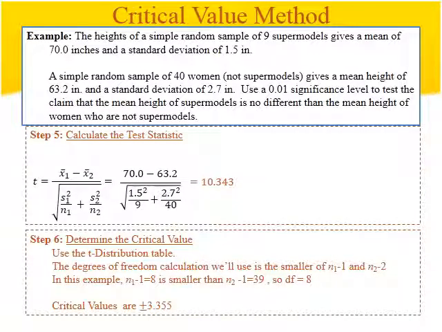So we found our critical value to be 3.355, but of course, since this is a two-tailed test, we also have to consider the negative 3.355 critical value. However, since our test statistic is positive, we're only going to compare it to the positive version of our critical value. Of course, if our test statistic was negative, then we want to see, is it further away than the negative critical value?